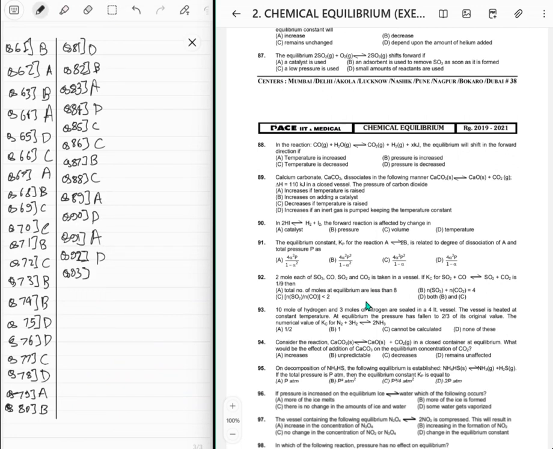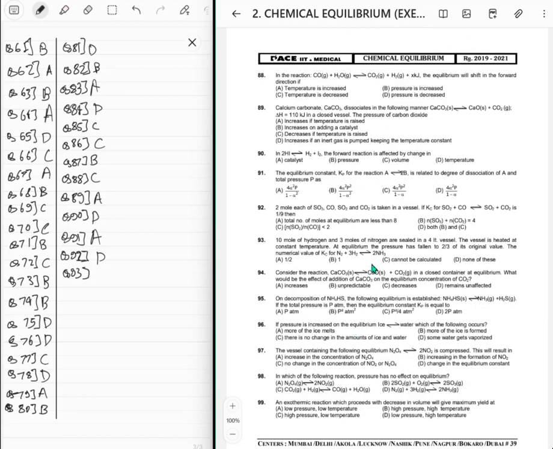10 moles of hydrogen and 3 moles of nitrogen are sealed in a 4-liter vessel. The vessel is heated at constant temperature. At equilibrium, the pressure has fallen to 2/3 of its original value. Okay, H2 and N2, 10 moles of this and 3 moles of nitrogen, sealed in a 4-liter vessel.